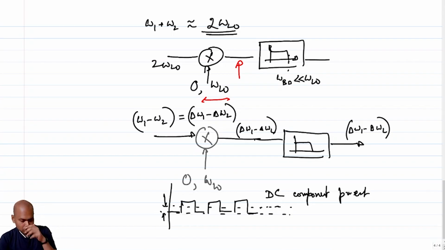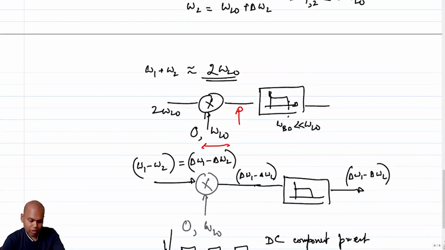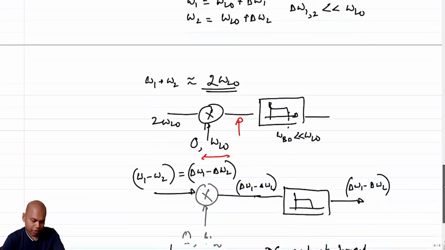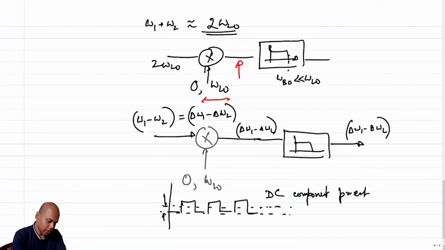Okay. So what's the issue? As you can see, you did not have a signal at delta omega 1 minus delta omega 2. In fact, the original signals were at omega LO plus delta omega 1 and omega LO plus delta omega 2.